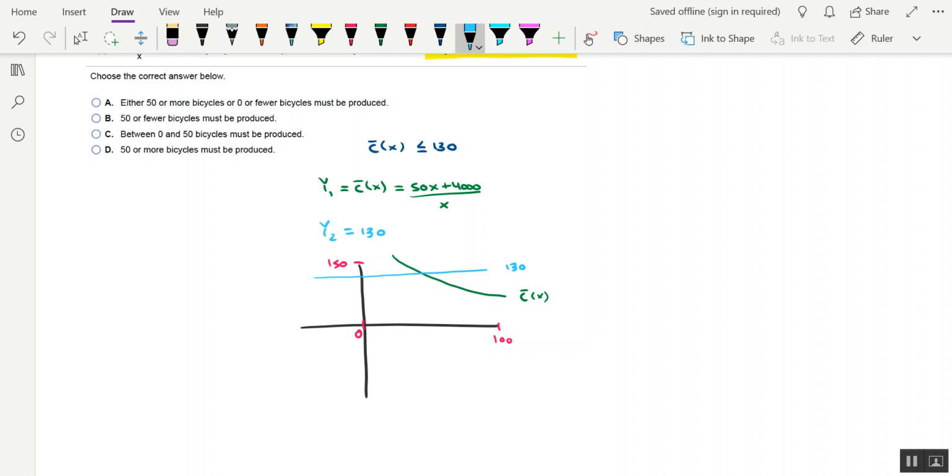Now, what might be helpful is to find this point of intersection, and you can probably bank on that being 50, 130, but let's verify that on the graphing calculator. We're going to hit second trace, access the calculate menu, and choose option 5. We want to move the blinking cursor as close as possible to the point of intersection.